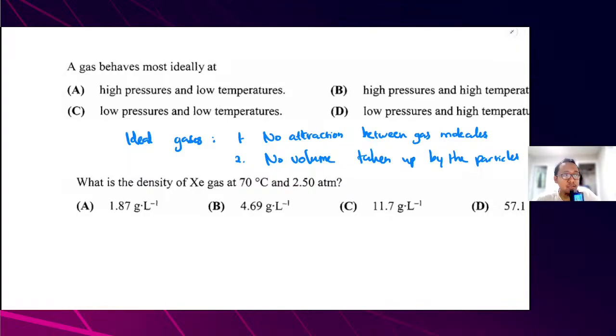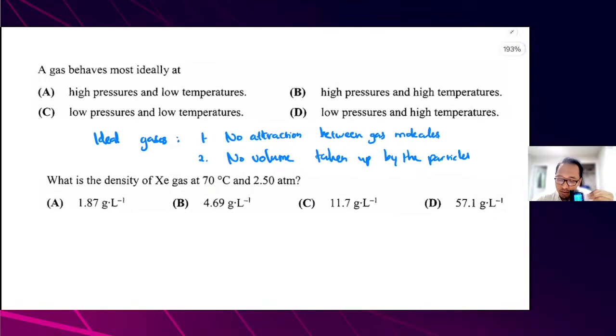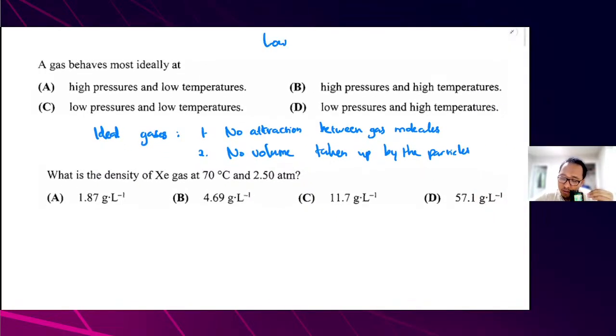So think about it like this. If we have a very low pressure, the particles in the gas phase will be far apart.